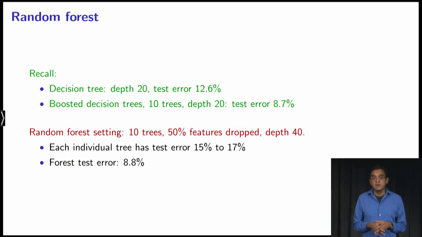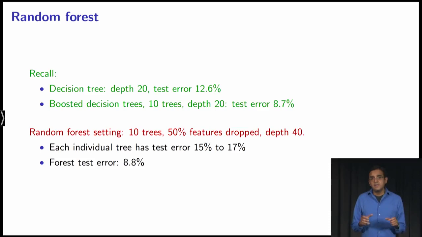In our case, we set that fraction to 50%. So when we're splitting a node, we choose 50% of the 54 features at random, and then we require our split to involve one of these selected features. To compensate for this, we allowed the trees to be larger. Instead of depth 20, we allowed the depth to be 40. So we went ahead and we built 10 trees in this way.